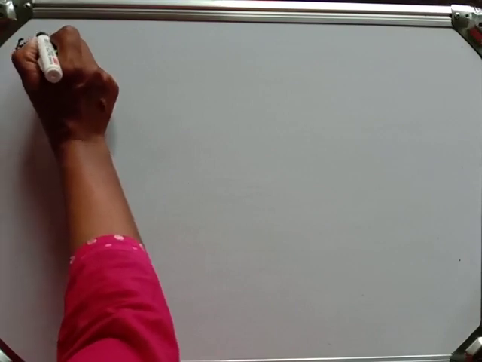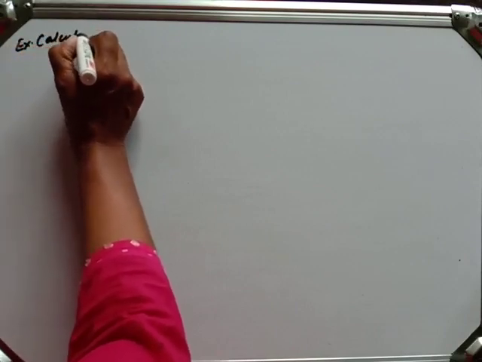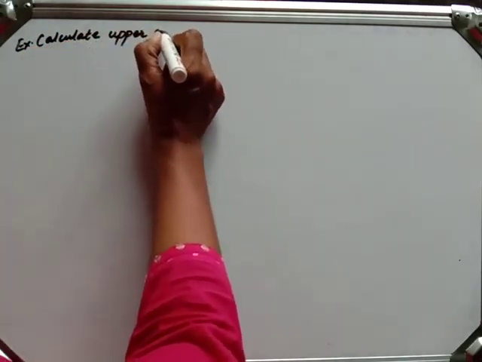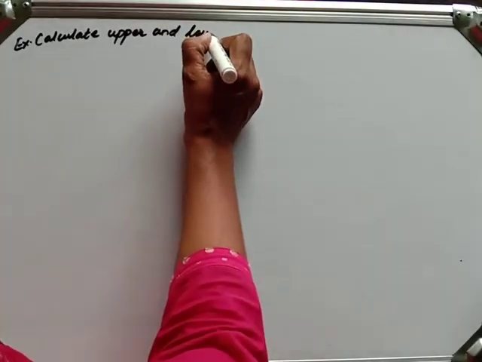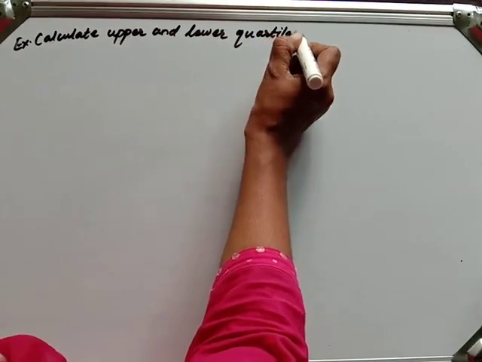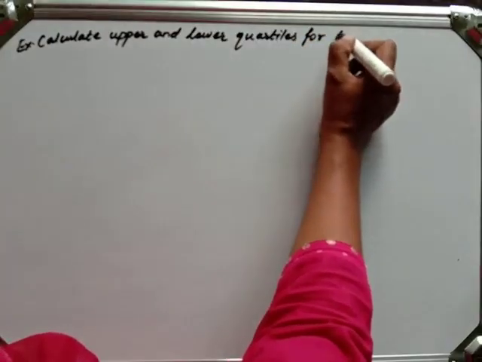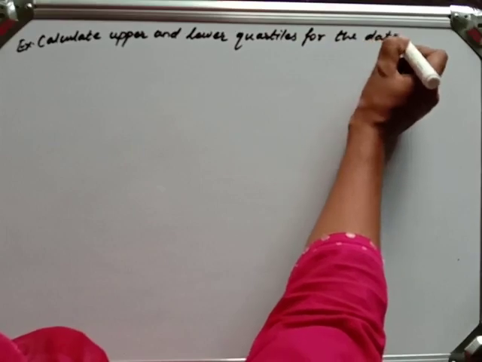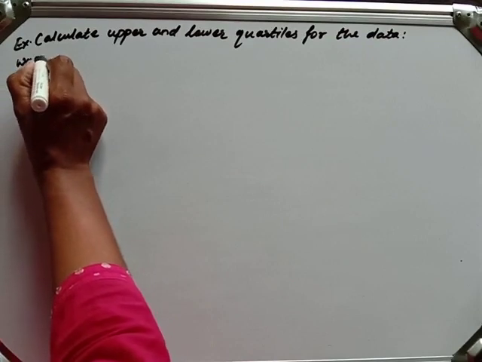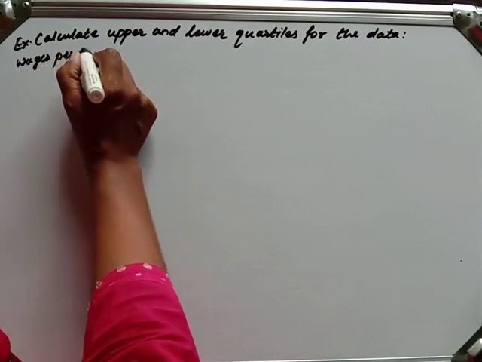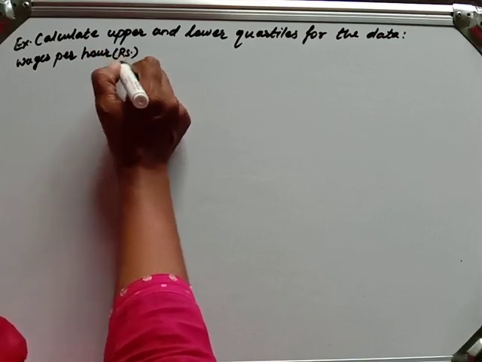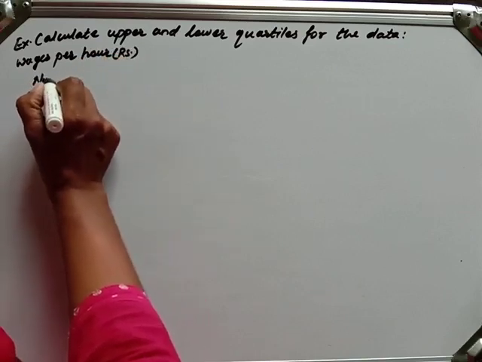So, example: calculate the upper and lower quartiles for the data. The example is wages per hour, given in rupees, and number of workers.